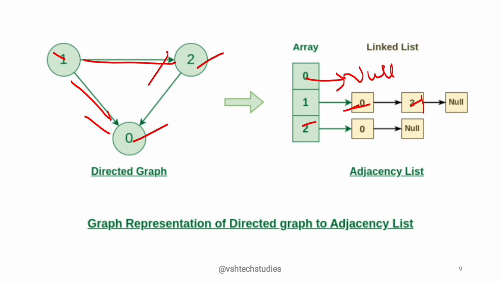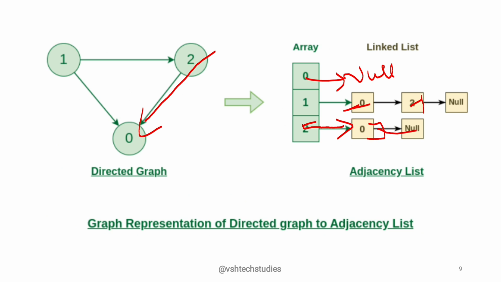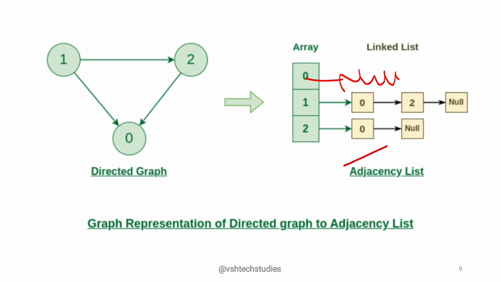And in the memory location which corresponds to vertex 2, there is only one arrowed line, that is to 0. That is why in this memory location the address of node 0 is stored. With this node 0 one more memory location will be there. There null will be stored. This is how the adjacency list is written for a directed graph.